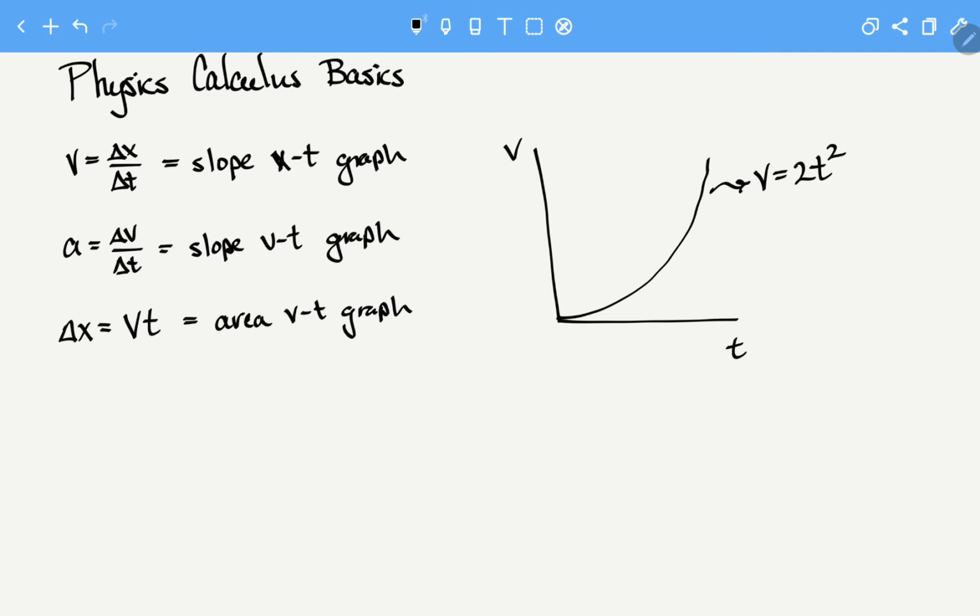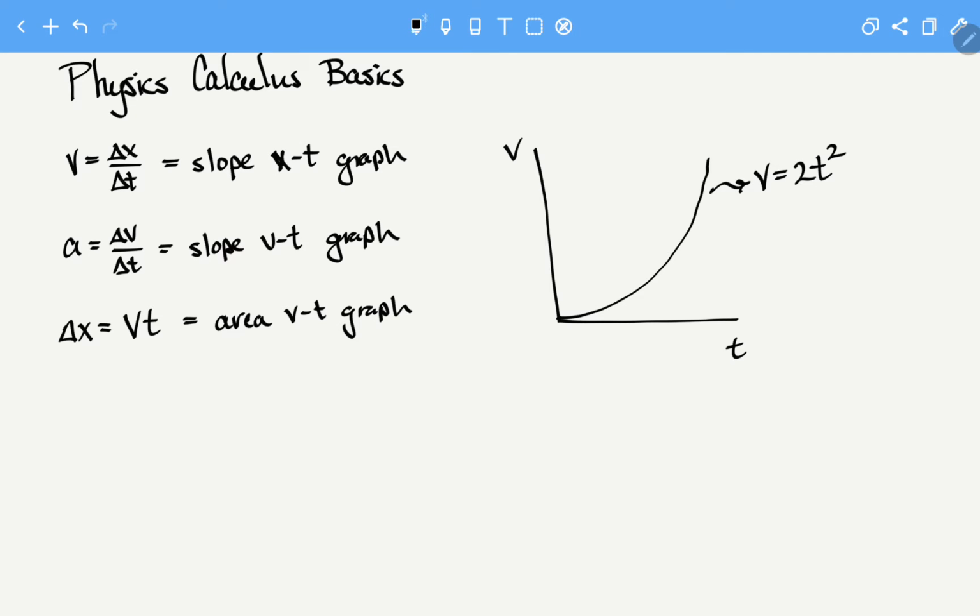So now your velocity is not just a pure number, it's represented by its own equation. And so that's where we have to really start using calculus. Using that as my example, I'm going to show you how we would actually find the same concepts of slope and area using this new calculus method.